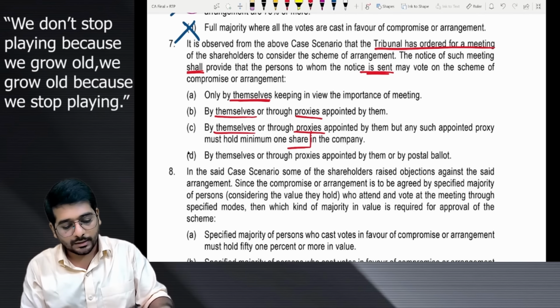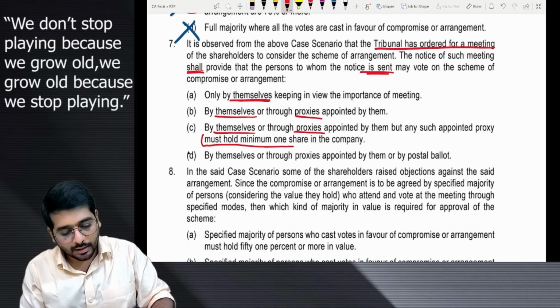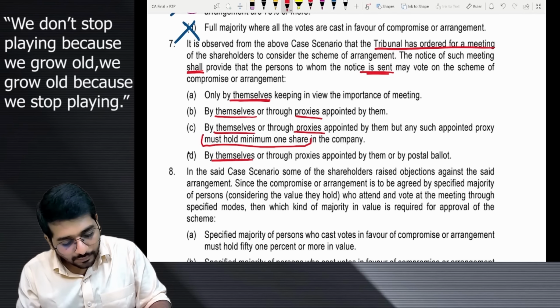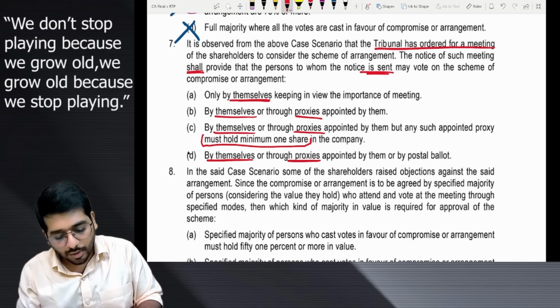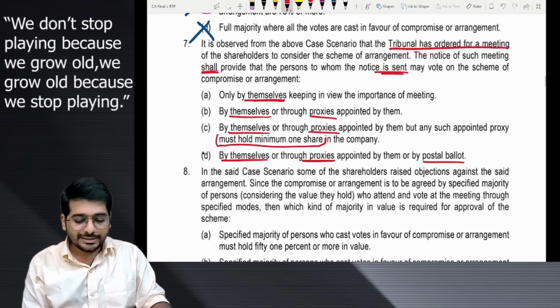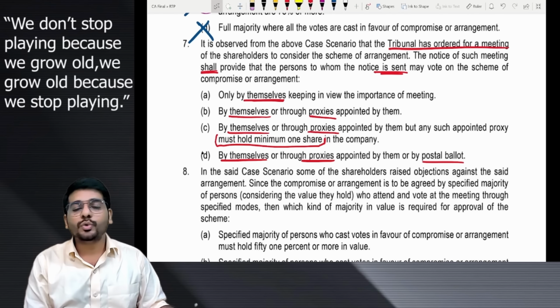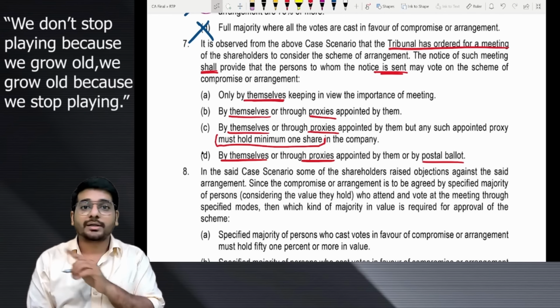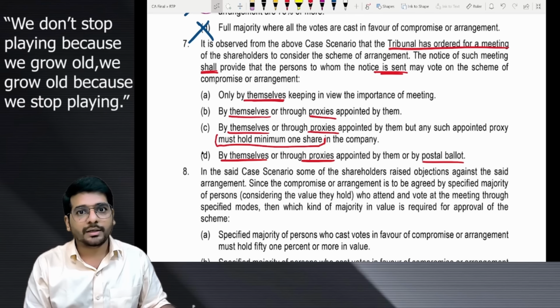Option number 3. And the fourth one says themselves or proxies or postal ballot. 4 options are there. Now, this is a type of question where you should not spend a second extra to think if your concepts are clear.